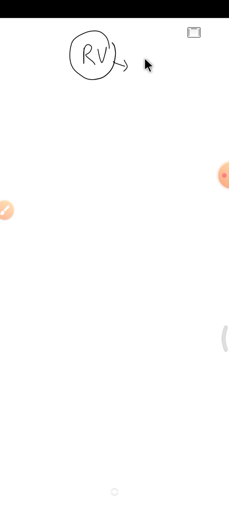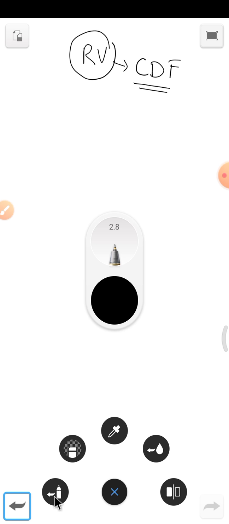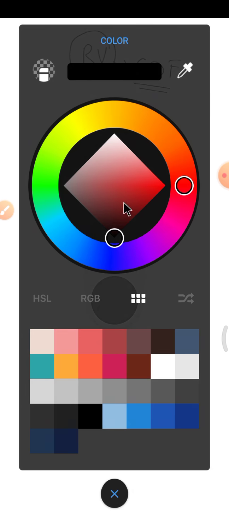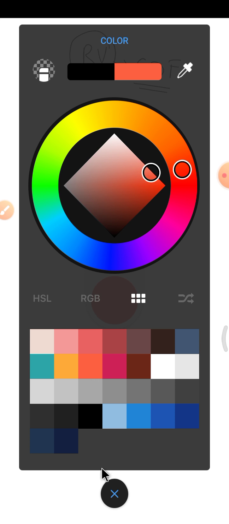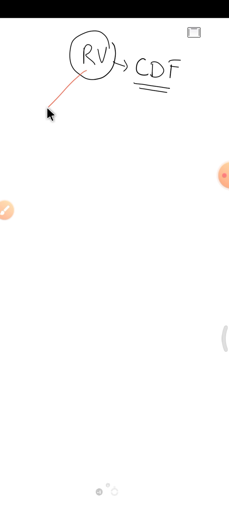CDF is cumulative distribution function. But if a random variable is discrete, so for a discrete random variable DRV, we can define a PMF of it.